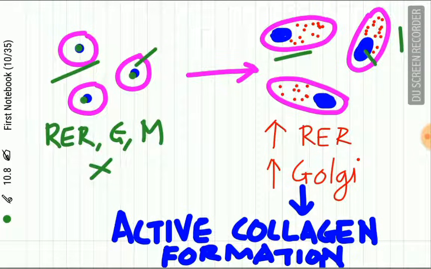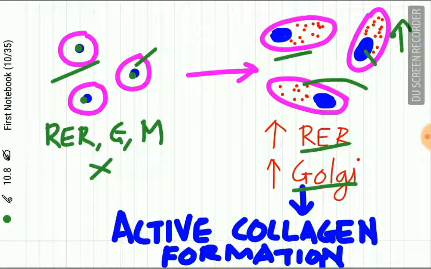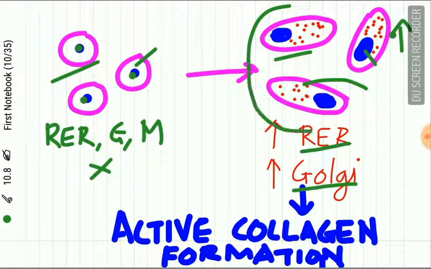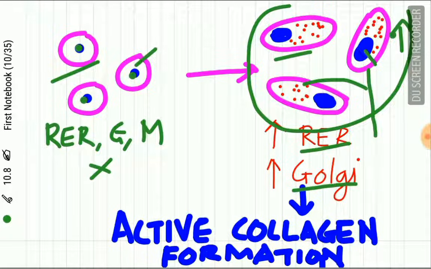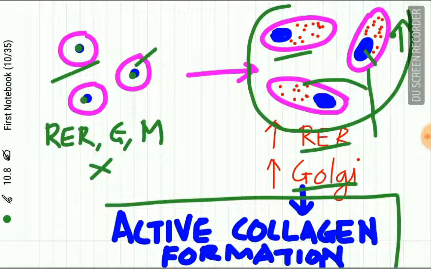There is an increase in the cell volume, and many intracellular organelles such as rough endoplasmic reticulum and Golgi apparatus appear in these cells, and these cells show the features of active synthetic cells. The cells which show all the features of a synthetic cell have been described in part 1 of the periodontal ligament. Please watch it. Now these active cells of the perifollicular mesenchyme help in collagen formation.